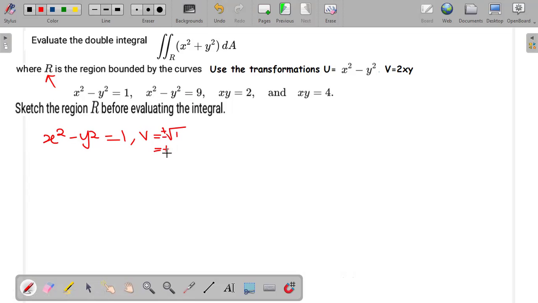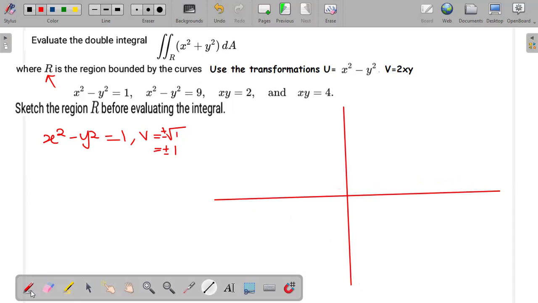If I sketch my XY plane, with Y and X axes, and 0, I'll have a 1 somewhere there and a minus 1 somewhere.